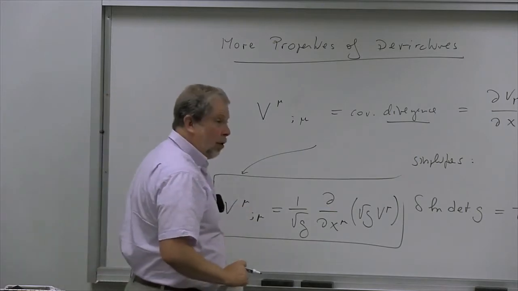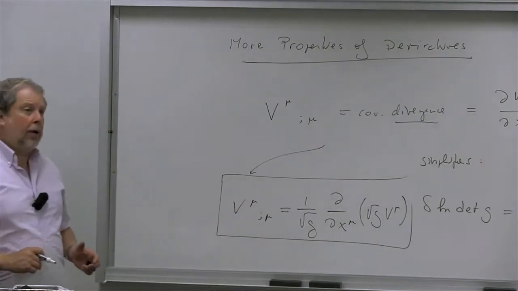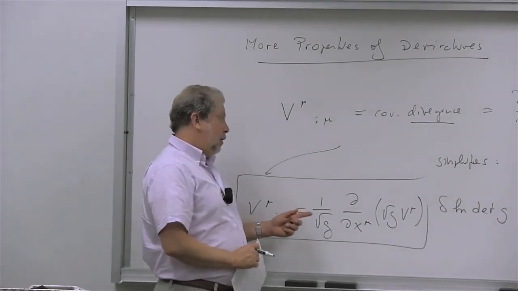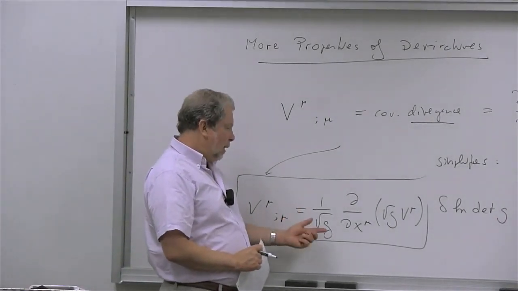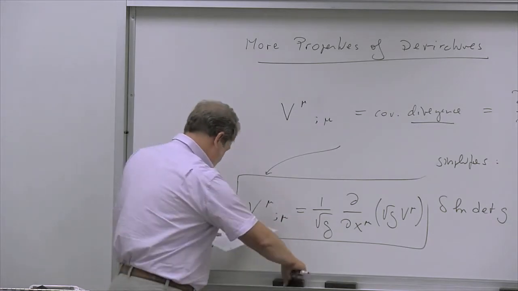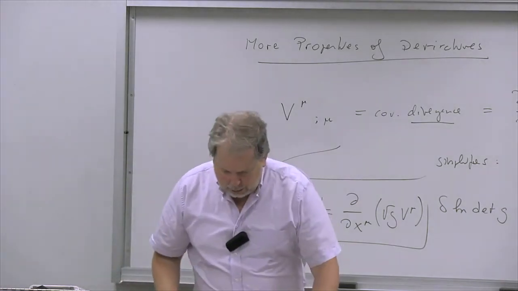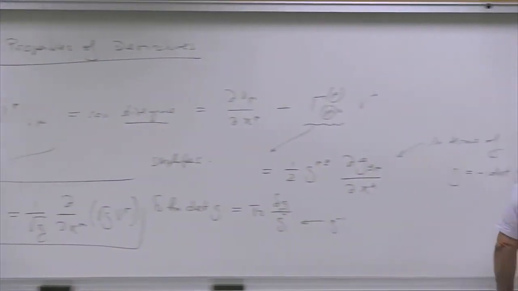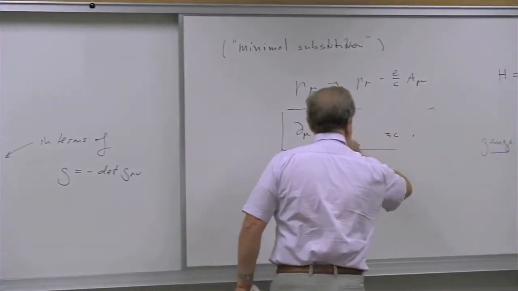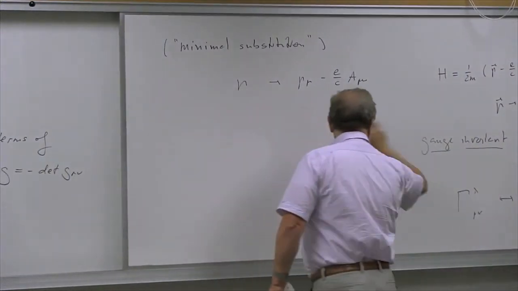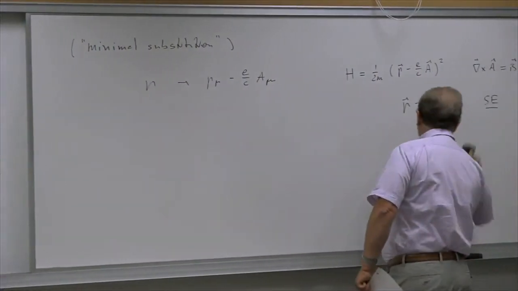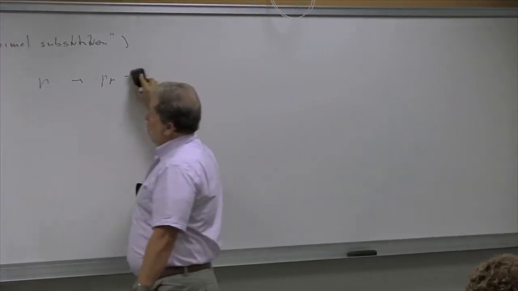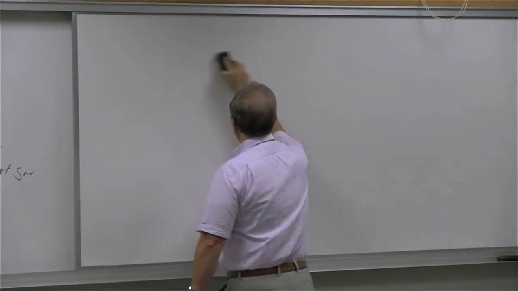So you can write in terms of something that is actually a little bit simpler than just taking covariant divergences, which normally involve the gamma symbol, but in this case you can do without it. And this is useful for the following reason, because we are going to have a number of conservation laws, and when you have a conservation law, then you want to look at whatever charge is conserved from that conservation law.